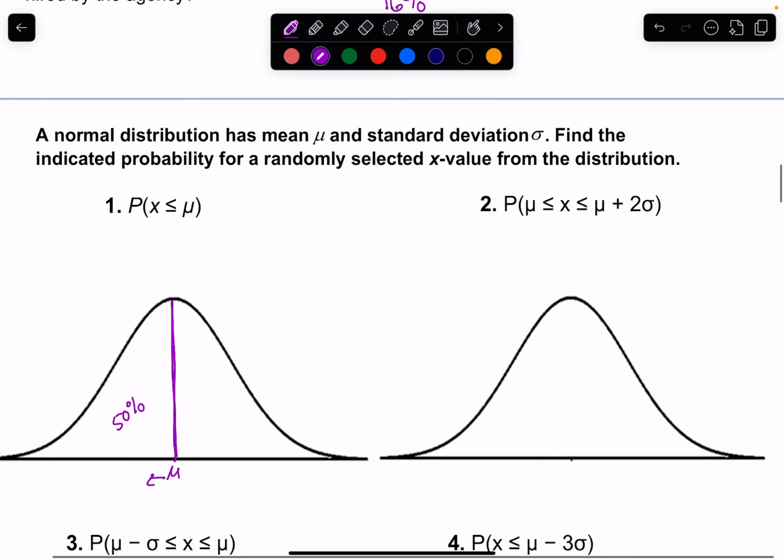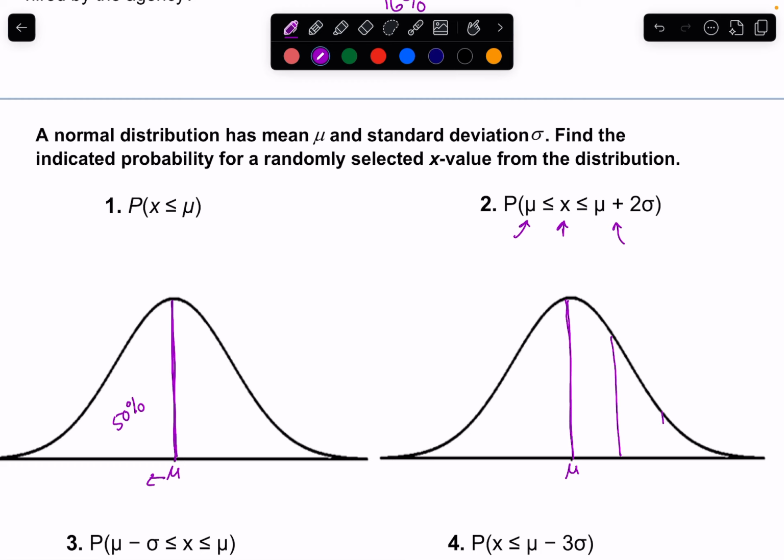Number two, this time X is in the middle of the average and the average plus 2 standard deviations. So my average is right here. 2 standard deviations means I go up 1, 2 to the mu plus 2 standard deviations. So I need those two sections.